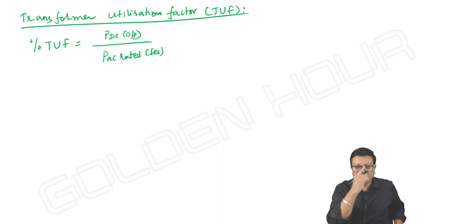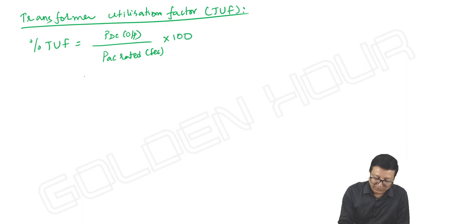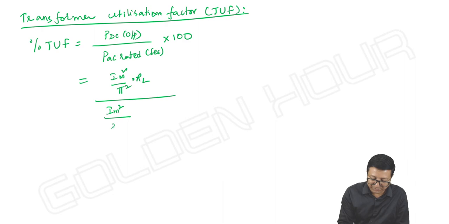In the second case, the original source power in the denominator. So DC output is Im square by pi square into RL, by Im square by 2 root 2 into Rs plus Rf plus RL, multiplied with 100.